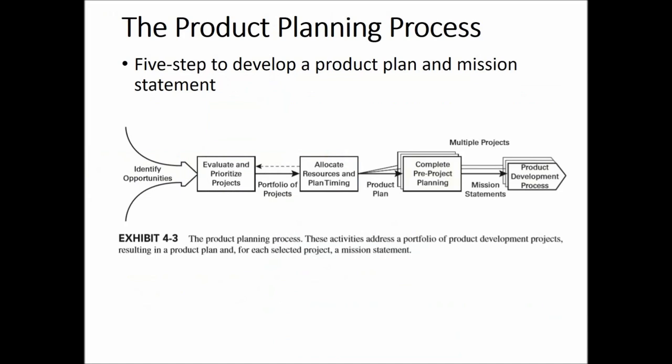In general, for a generic product planning, there are 5 steps in the product planning process.